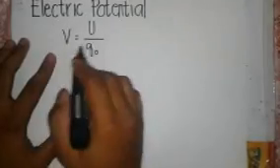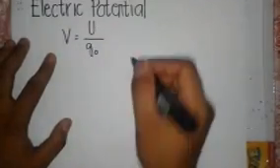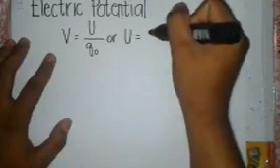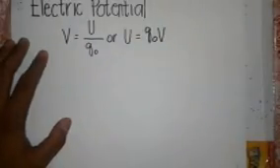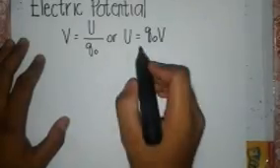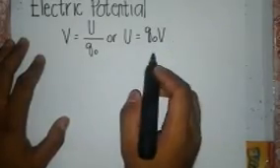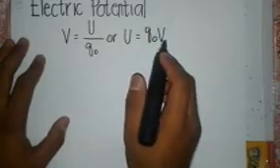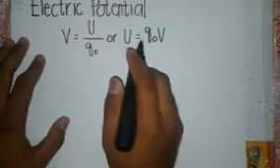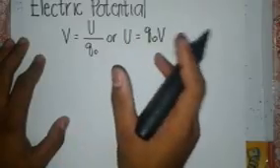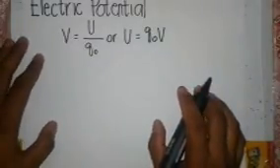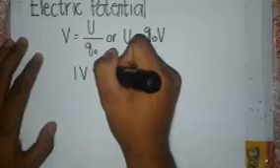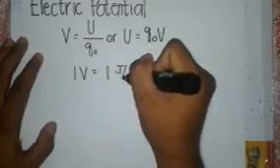So, from this equation, we can get another equation for our potential energy: potential energy equal to Q naught V. Since potential energy and charge are both scalars, potential is also a scalar. In honor of the Italian electrical experimenter Alessandro Volta, the SI unit of potential is called 1 volt. So 1 volt is equal to 1 joule per coulomb.